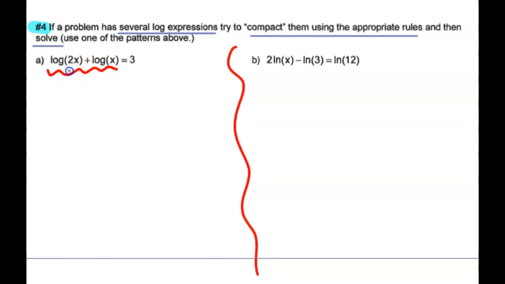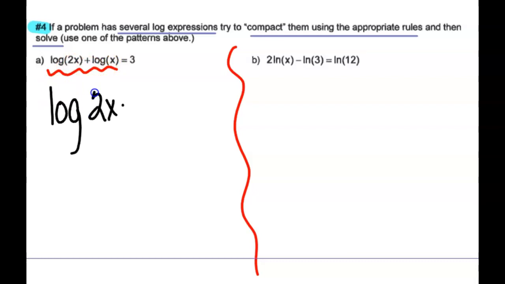This one has logs only on one side, and this one, everything is not a log, right? This one has logs everywhere, but you have to condense them first and then decide where you go from there. 2 logs that are added become 1 log that is what?